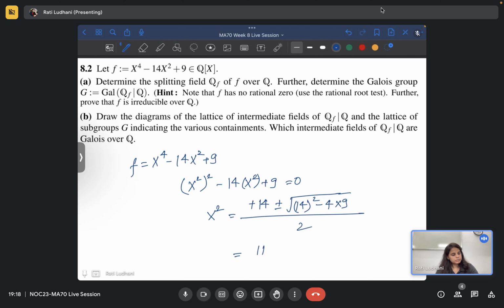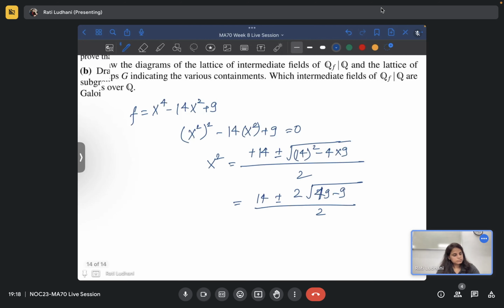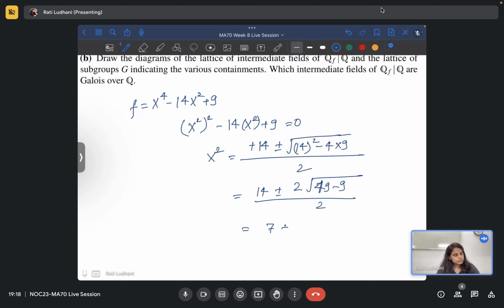So you'll get 14 plus minus, you can take 2 common here, you will get 7 squared, that is 49 minus 9, by 2. So this will be 7 plus minus root 40, that is 7 plus minus 2 root 10.